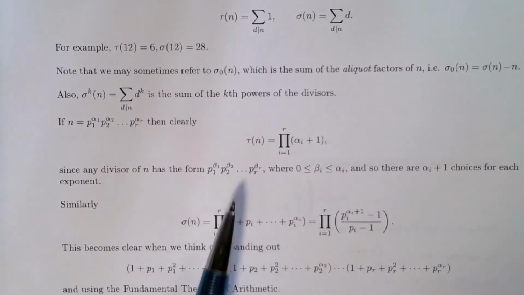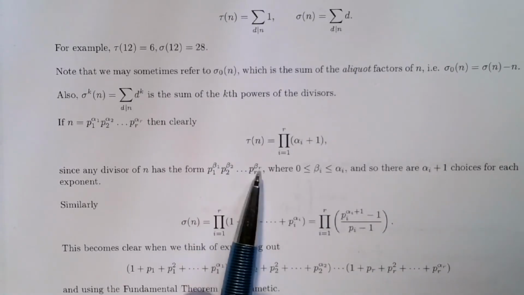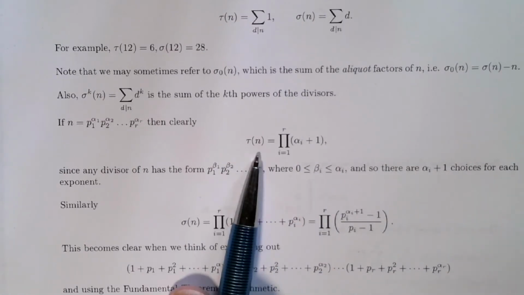So in other words, we have alpha i plus 1 choices for each exponent here, and then if we just take a product of all of those, that will tell me the number of divisors.